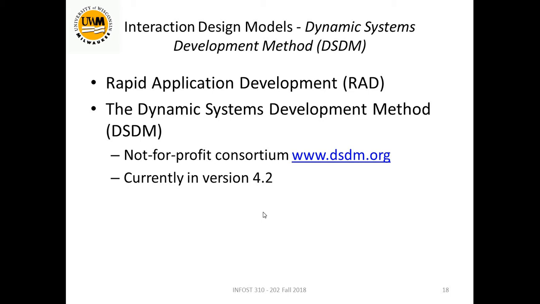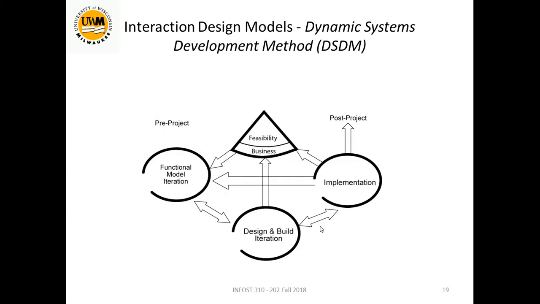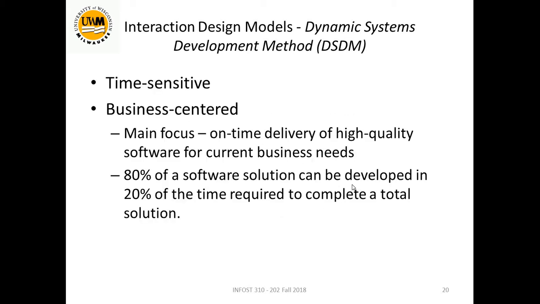The next model is what we call the Dynamic Systems Development Method, DSDM. DSDM has three stages. We have the pre-project stage, we have the project implementation stage, and then we have the post-project implementation stage.